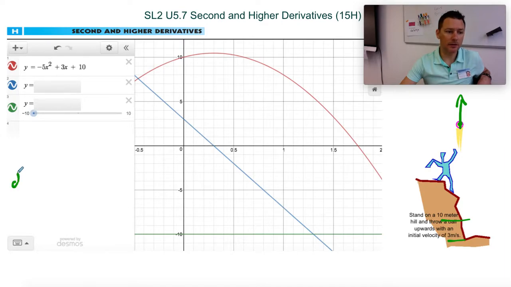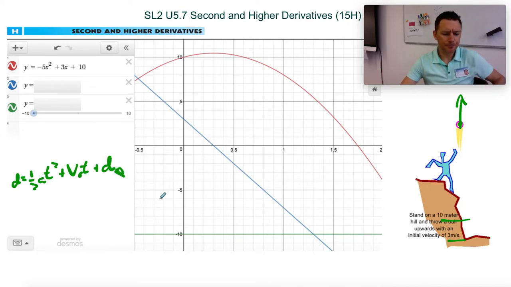You get the displacement is 1/2 at squared plus v naught t plus initial distance, d naught. And if you plugged in your acceleration due to gravity and your initial velocity of 3 and your initial height of 10, you'd get this equation. I should probably do that in red, right? This equation describes the object's path as time goes on.